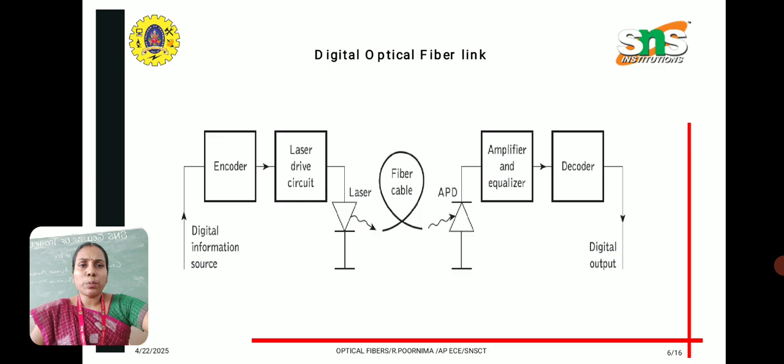And this is the digital optical fiber link. We can also use the laser driver circuit and encoders at the transmitter side. At the receiver side the detector used, as you can see in this diagram, is the APD, which is the avalanche photodiode, and then we have the decoder and amplifier.